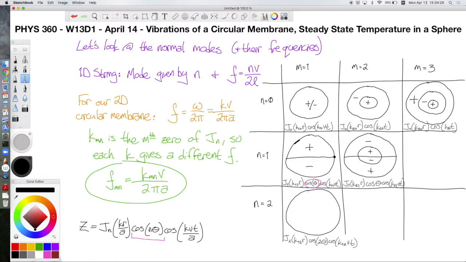So in terms of how the membrane looks, we have to think about the zeros of cosine of 2 theta. Well, those zeros occur at theta equals 0, theta equals 90 degrees, theta equals 180 degrees, theta equals 270 degrees.